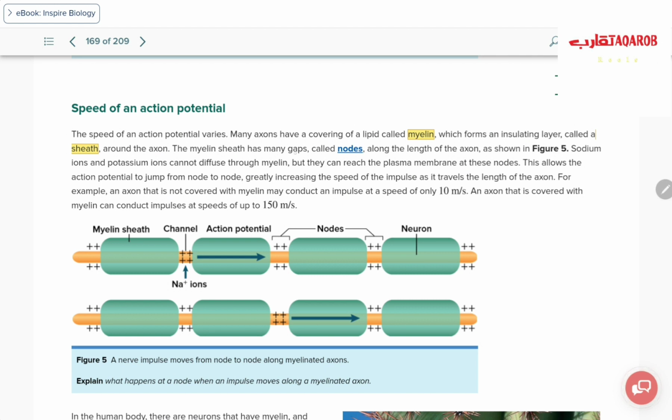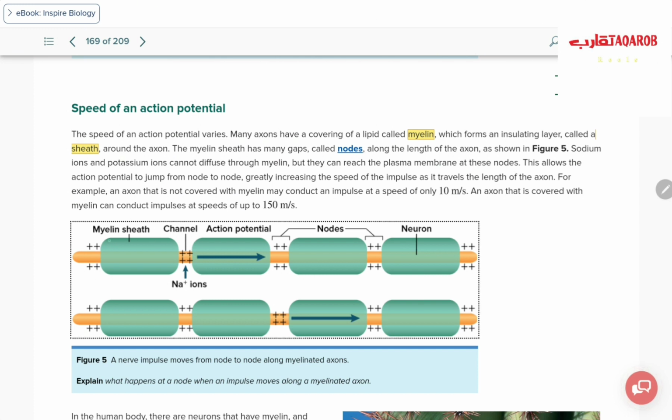This myelin sheath has many gaps called nodes. Here we have the myelin sheath and these are the nodes along the length of the axon. Sodium ions and potassium ions cannot diffuse through the myelin, but they can reach the plasma membrane at these nodes.